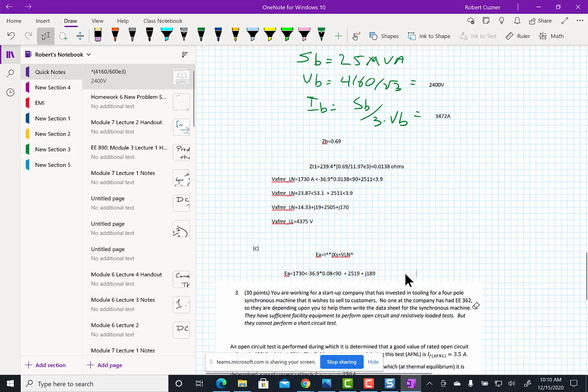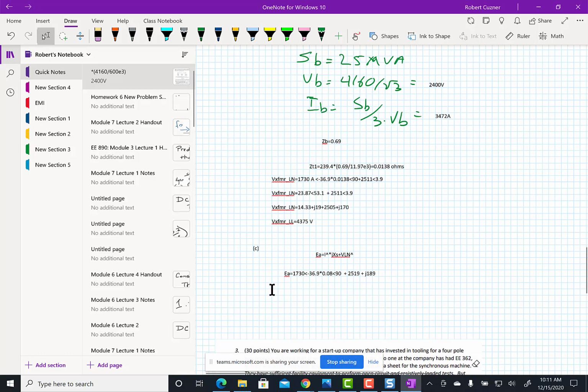And then I'm going to go ahead and solve this. Just simplify that, 1730 times 0.08, which is 138.4. I'm going to end up finding the torque angle here, 90 minus 36.9, 53.1.